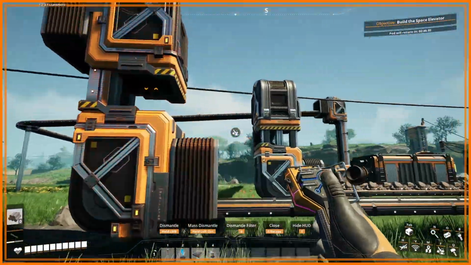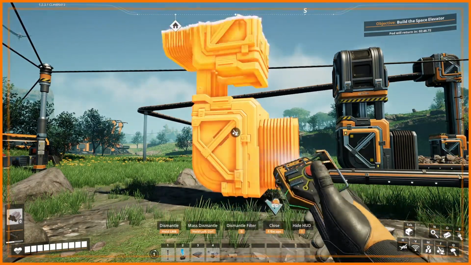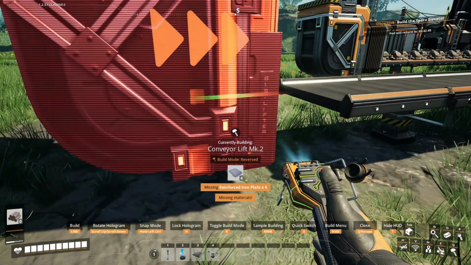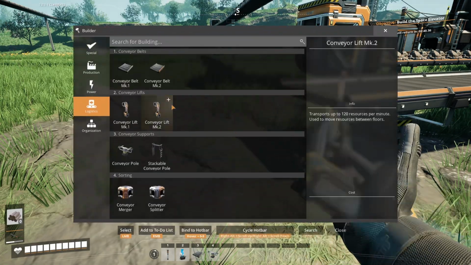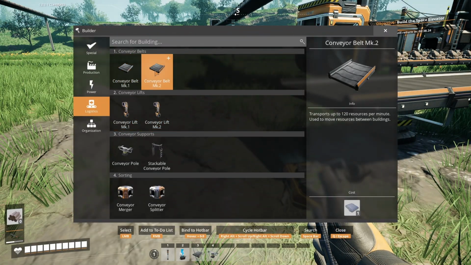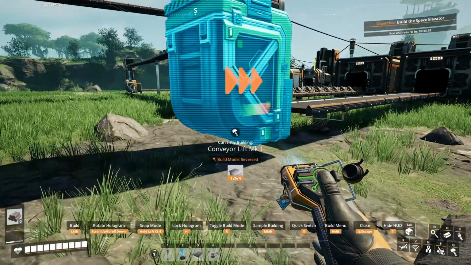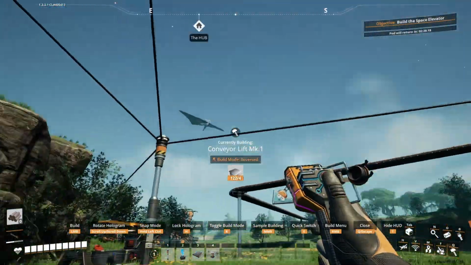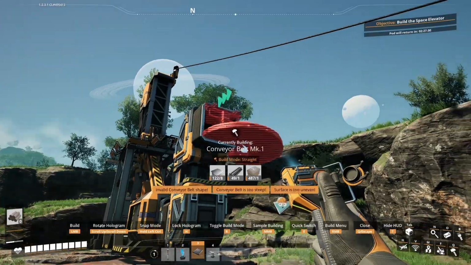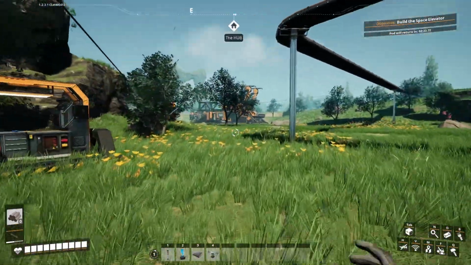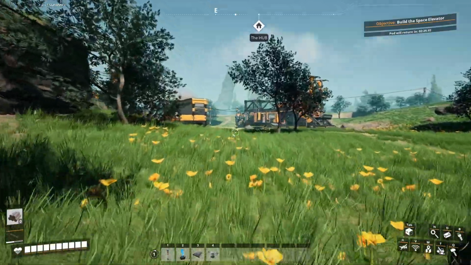Let's replace this and this with a Mark II. Oh, we need reinforced iron plates for that. I can't even use that yet. Yeah, so that was pointless. Great. Good job, Tim.